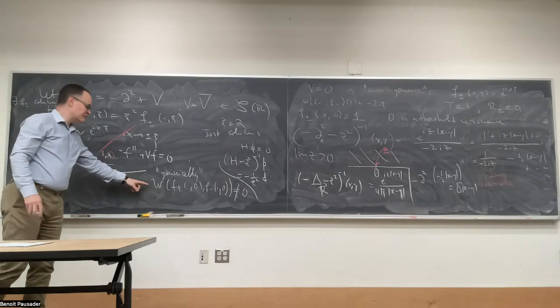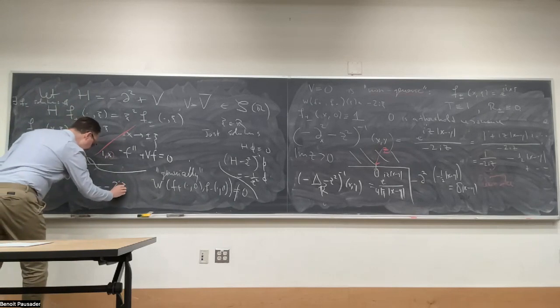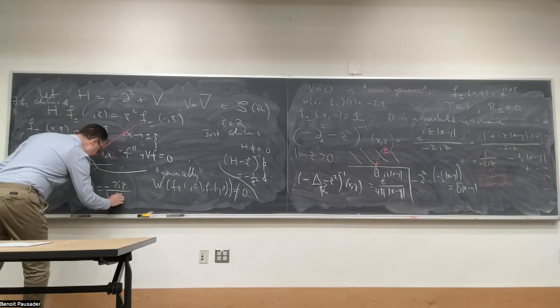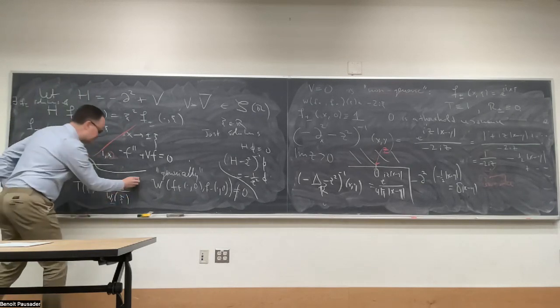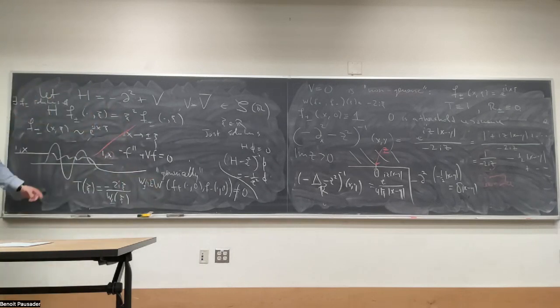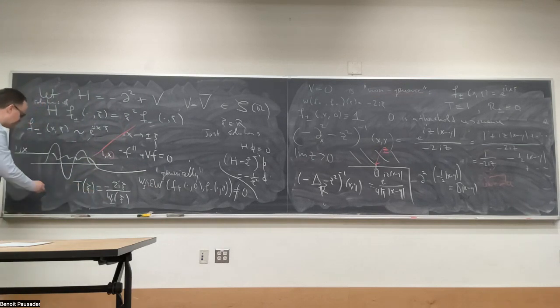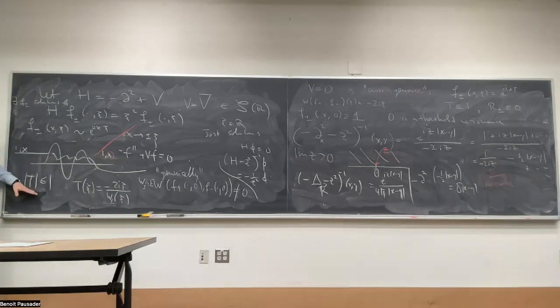And if you remember the formula, the transmission coefficient T of xi is minus 2xi divided by the Wronskian. Let me just say plus minus so that I don't always have to write this. This is W plus minus psi. So the Wronskian, this shows you something. The transmission coefficient is always less than or equal to 1. Why? Because absolute T squared plus absolute R squared is 1. So this is always bounded by 1.